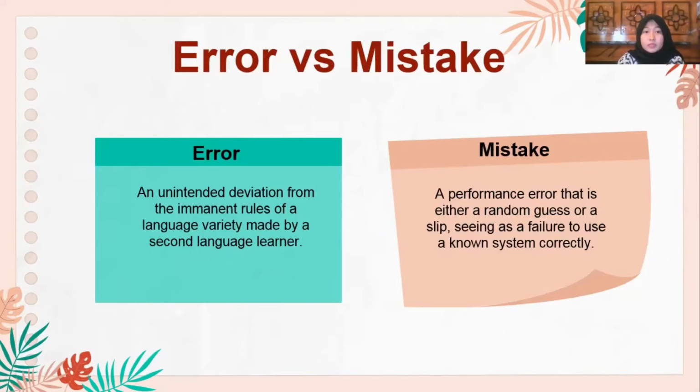To put it simply, mistakes are performance errors in which the learner knows the system but fails to use it, while errors are the result of a systematic competence. It means that the learner's system is incorrect.